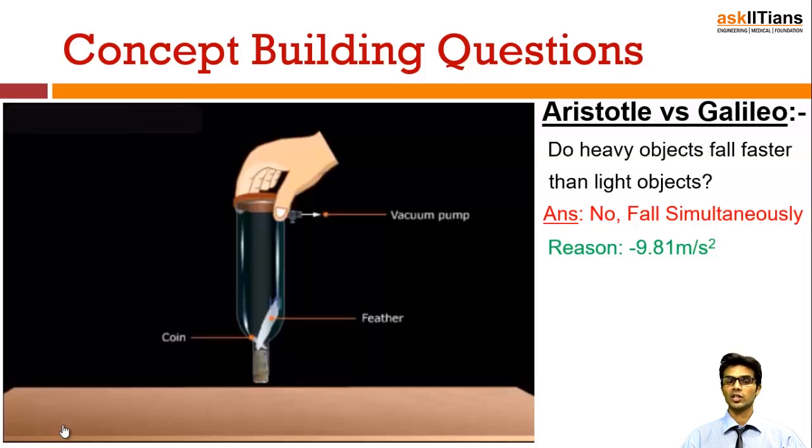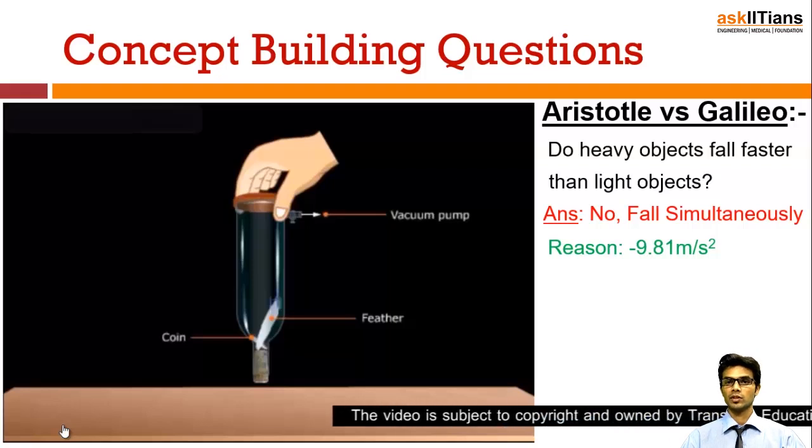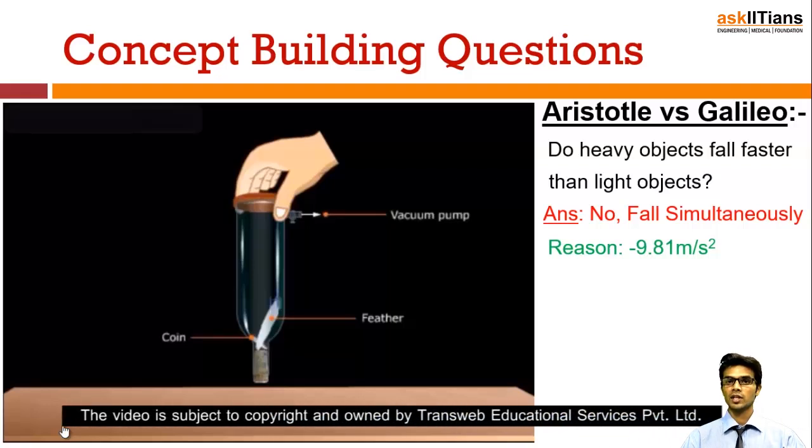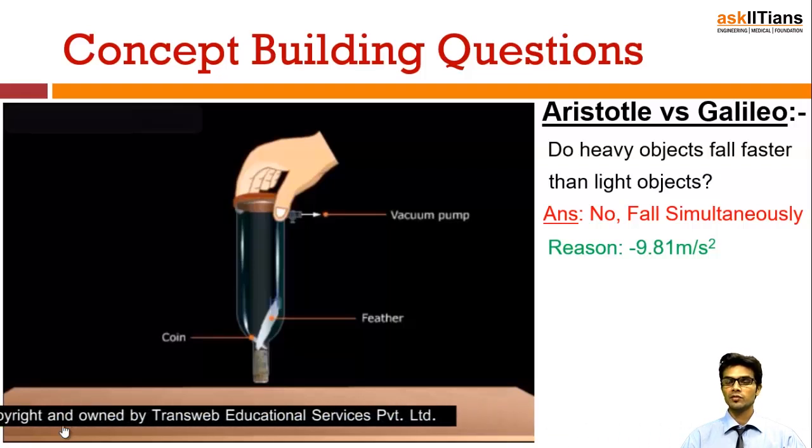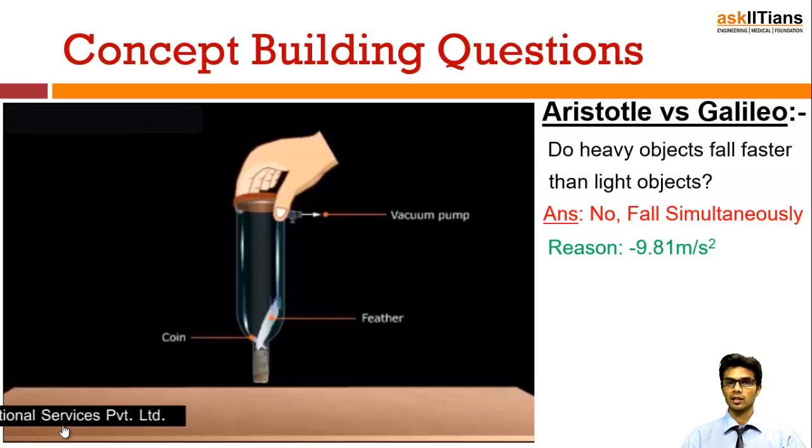So both objects will come down at the same time if this is conducted in a vacuum, or if air drag is removed. In actual life we see this difference because of air drag, and this theory was given by Galileo.